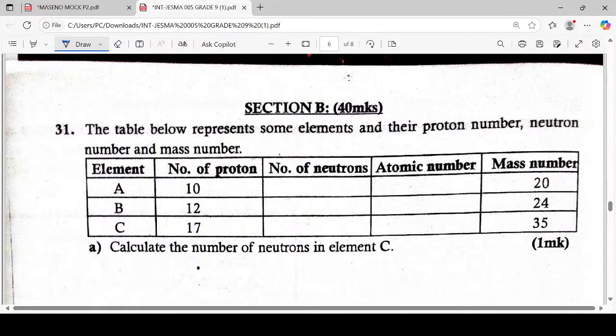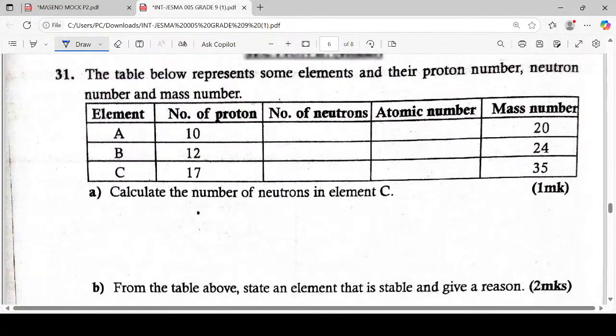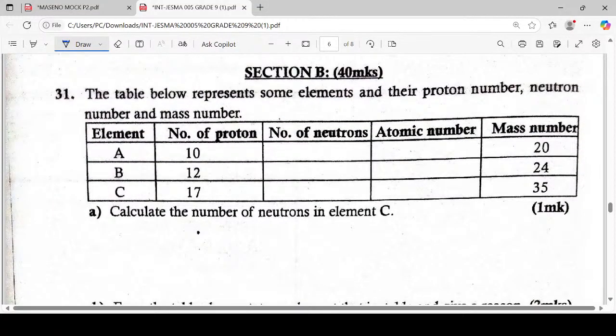Calculate the number of neutrons in element C. When you look at element C, the atomic number here is 17, because atomic number is the number of protons in an element.